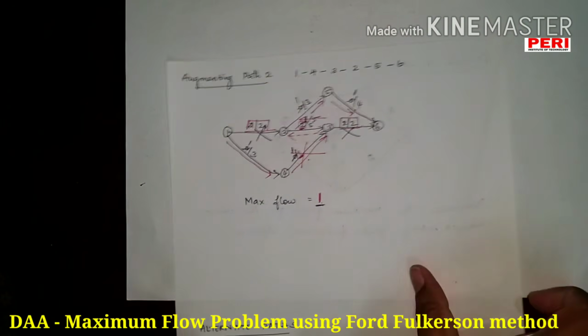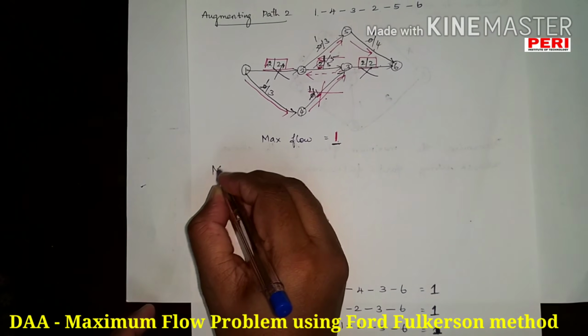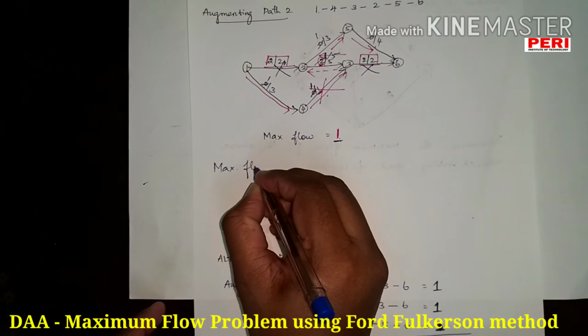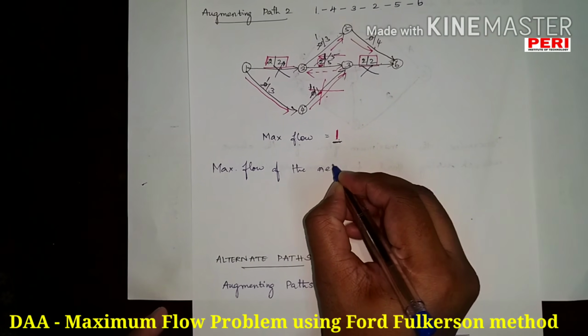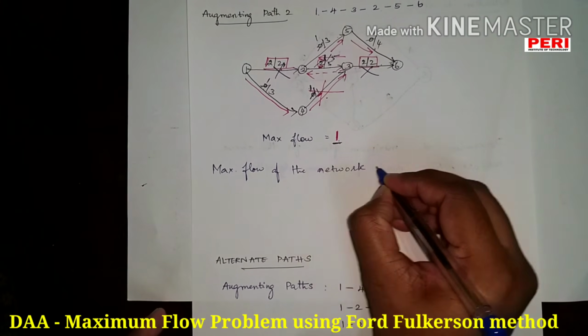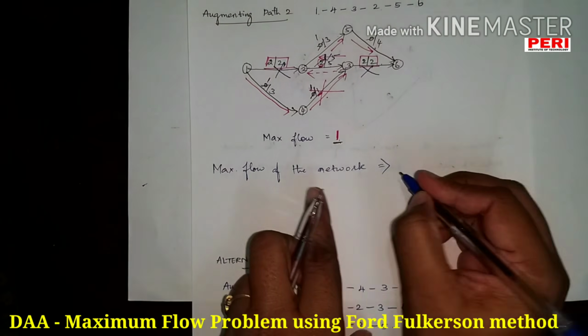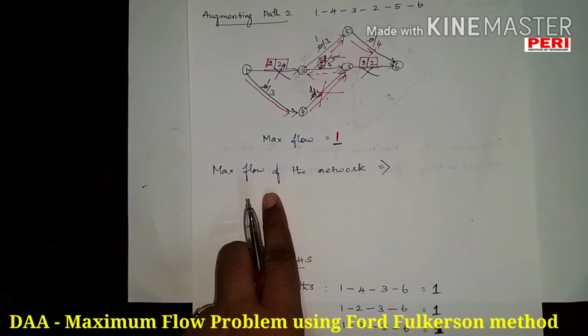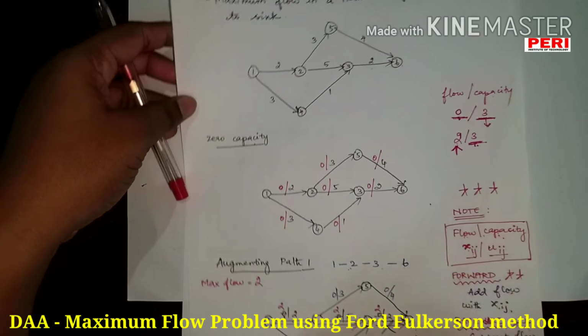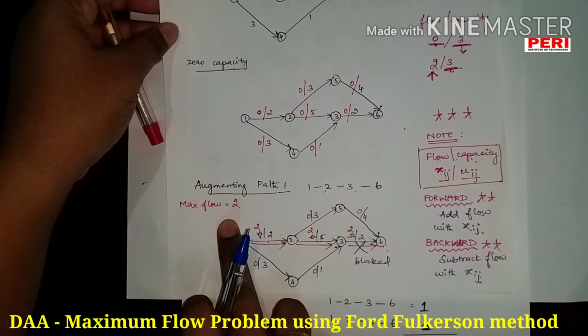Now, how will I calculate the maximum flow of the network? You are supposed to take the maximum flow for all the paths that you have found. Previously, for the previous path, the maximum flow was 2, right?